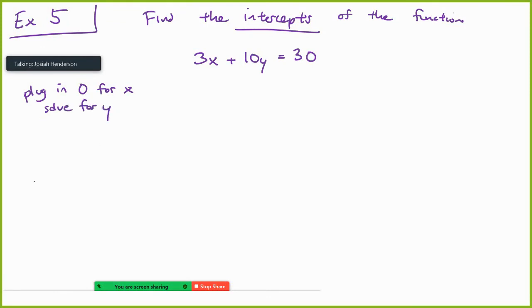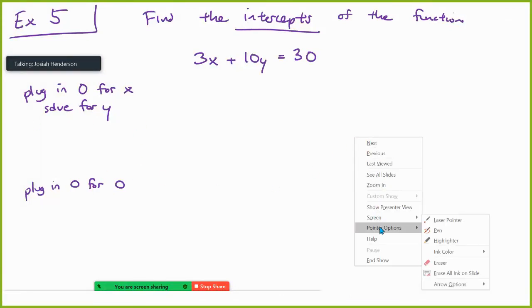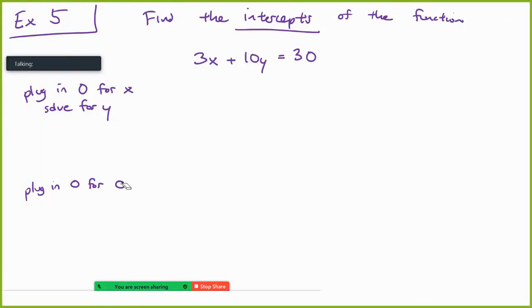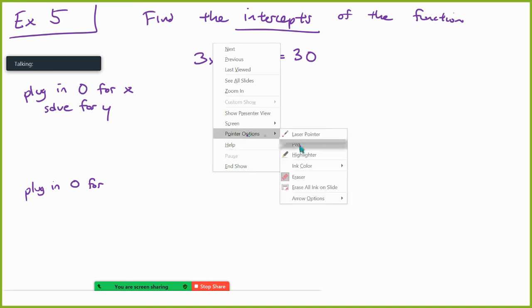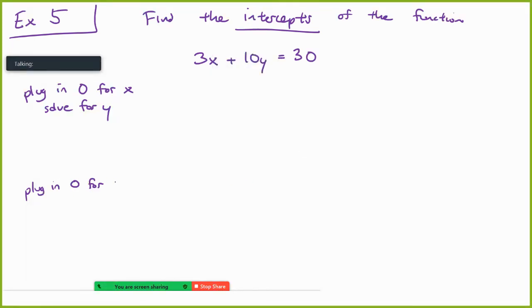And likewise, below, to find the other intercept, we're going to plug in 0 for y, and solve for x.